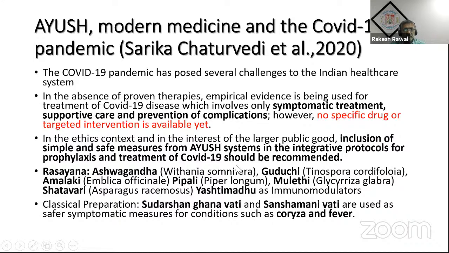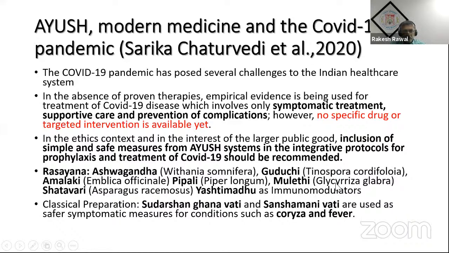So that's what this whole publication from Sarika et al. emphasized. They gave the example of several rasayanas like ashwagandha, guduchi, amlaki, pipali, mulethi, shatavari, yastimadhu as immune modulators, and these have been used since ages, thousands of years.